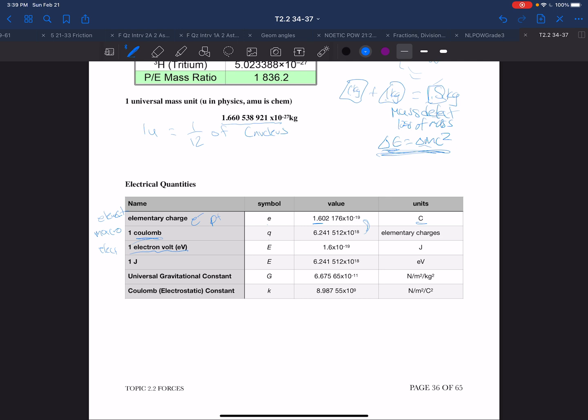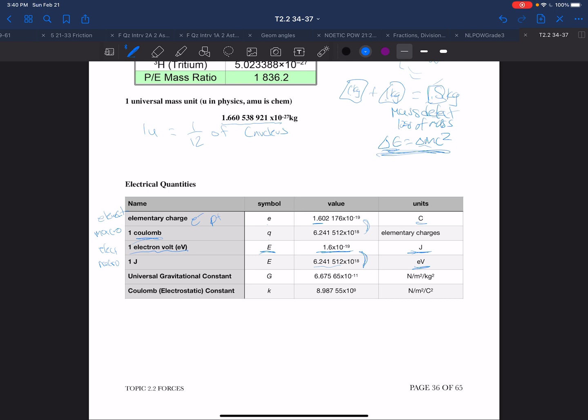And the symbol for this is energy, capital E, 1.6 times 10 to the minus 19th joules. So this allows us to convert from joules to electron volts. It's just two different units, like feet and inches. One is a lot bigger than the other. And similarly, if we go to the macro scale, 1 joule is 6.2 times 10 to the 18th electron volts. So again, these two are the inverse of each other.